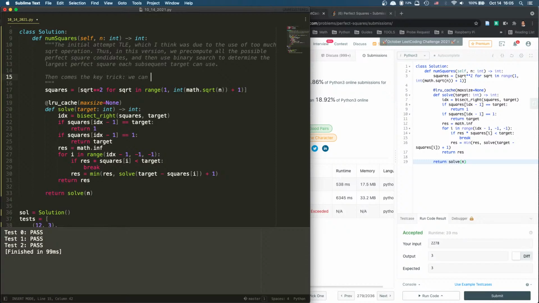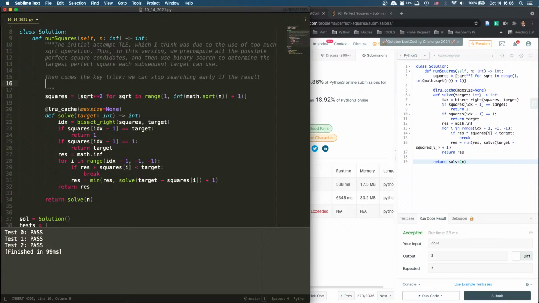We can stop searching early if we can be sure that the result we have found so far is already the best we can get.